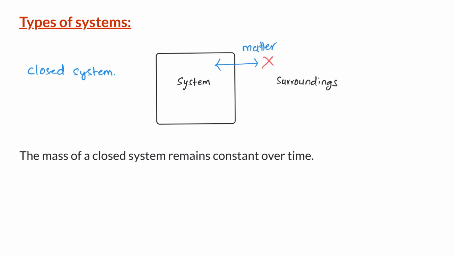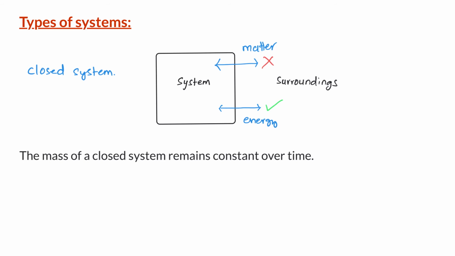constant over time. In a closed system, the exchange of energy is still possible between the system and surroundings. Now, the question is, how can we restrict the movement of matter while allowing the movement of energy between the system and surroundings?